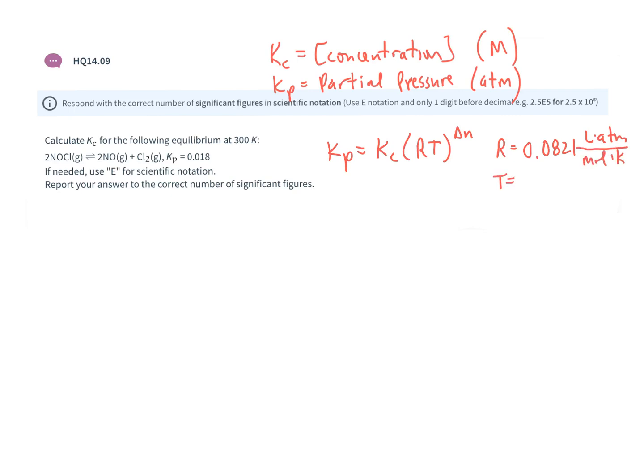T is absolute temperature, so we're looking for temperature in Kelvin. And Δn is our change in moles during the course of the reaction. We're going to determine that by moles of products minus moles of the reactants.